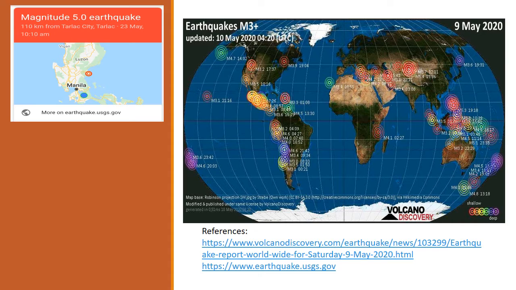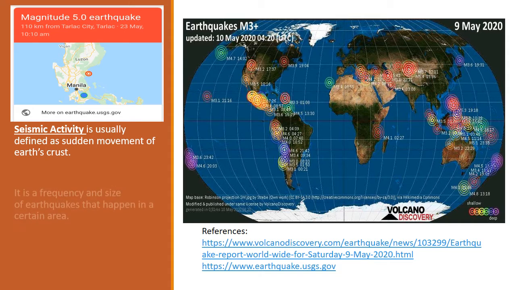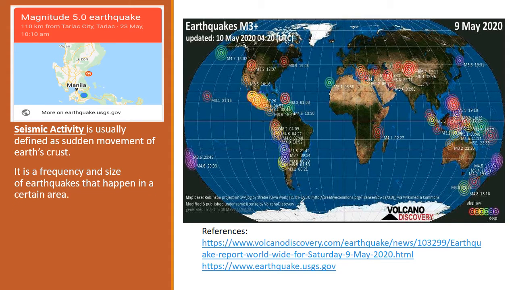So ngayong summer, or nitong nakaraang summer, maraming naganap na earthquake. So maraming seismic activity ang nagaganap sa buong mundo. But by the way, what is seismic activity? Seismic activity is usually defined as a sudden movement of Earth's crust. It is the frequency and size of earthquakes that happen in a certain area.